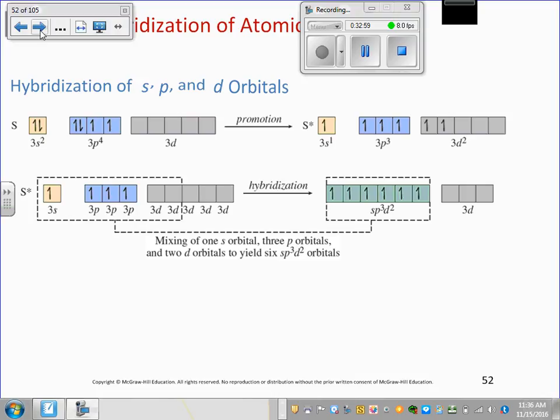And I combine all the ones that have electrons in them. So I have 1 s orbital combined with 3 p's and 2 d's. I have sp3d2, with 6 unpaired electrons. Now I can make SF6.